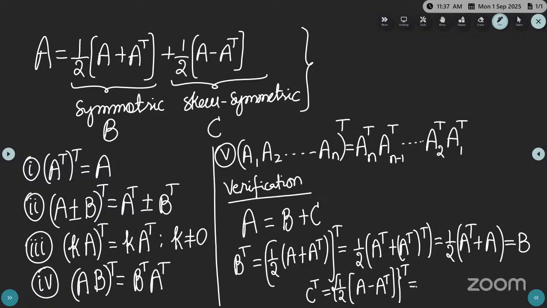Say yes or no. That is equal to minus C.